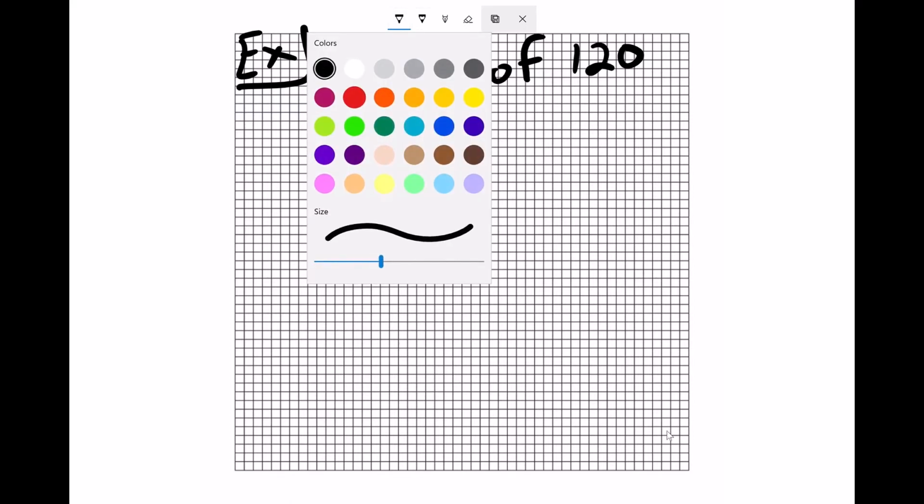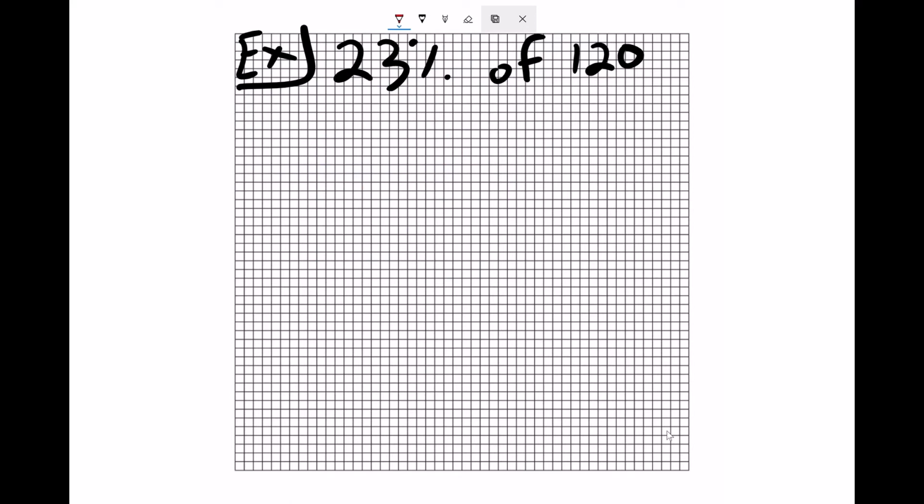Let's say you want to get approximately 23% of 120. For purposes of this lesson, all you are going to do is round to this place value by looking at the number immediately next to it.